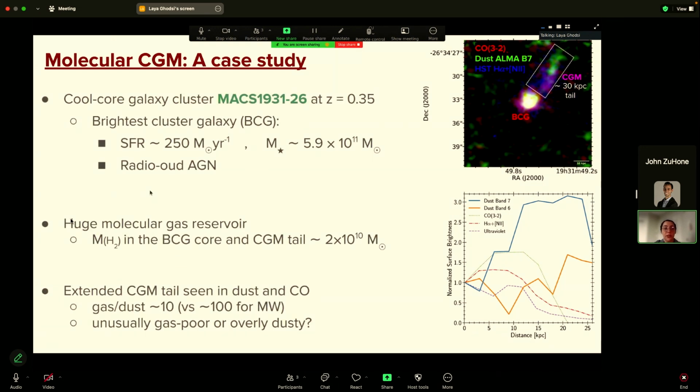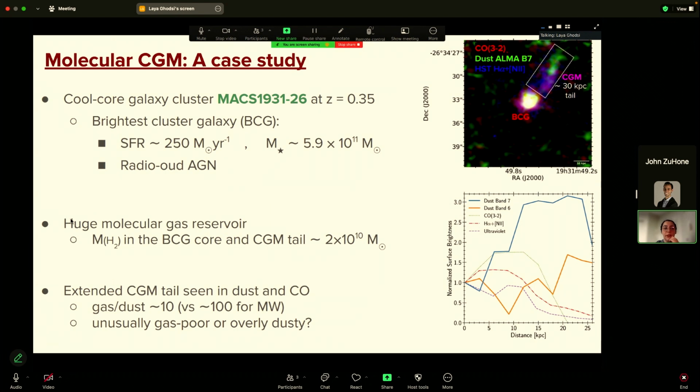This BCG is highly star-forming, unusual for low redshift BCGs, with a star formation rate of 250 solar masses per year, and its stellar mass is 6 times 10 to the 11 solar mass.